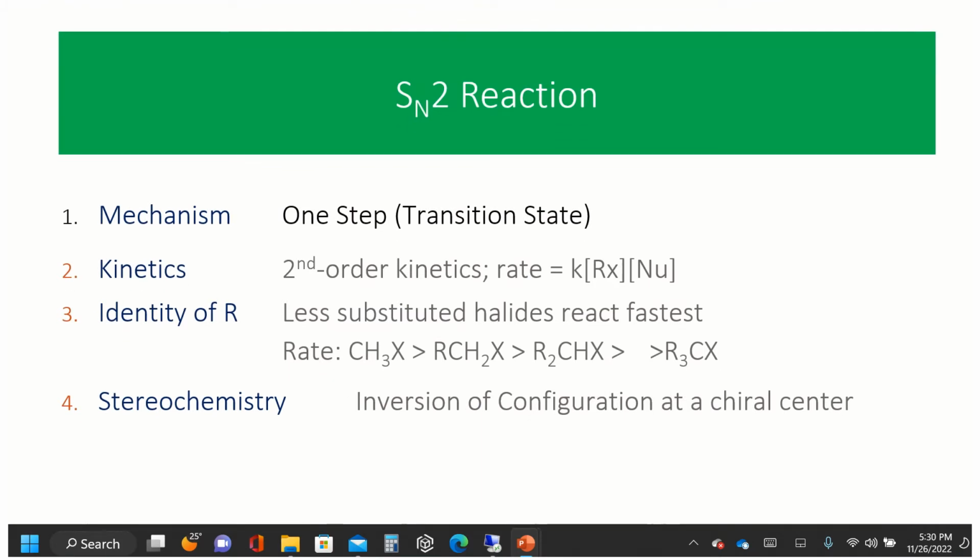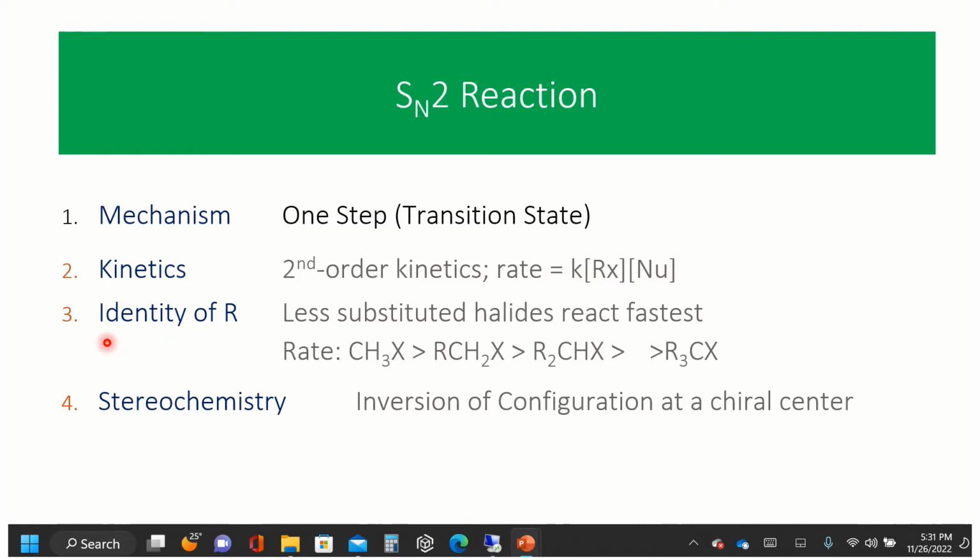So herein we're looking at the SN2 reaction. It is a one-step reaction going by a significant transition state. We follow second-order kinetics, i.e. rate equals both the concentration of the alkyl halide and that of the nucleophile times the rate constant.